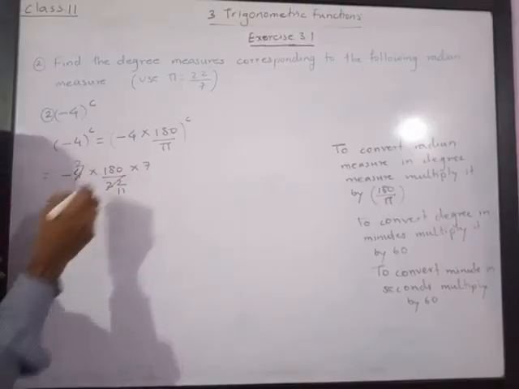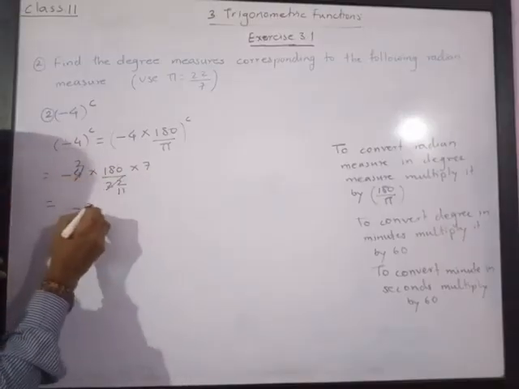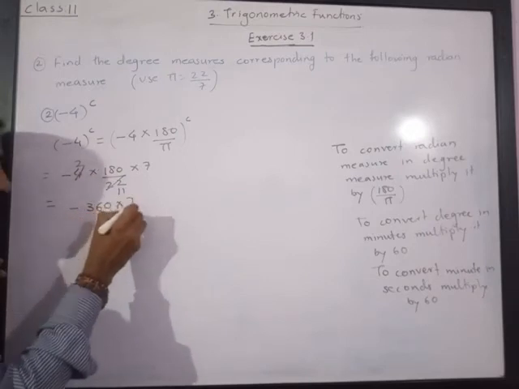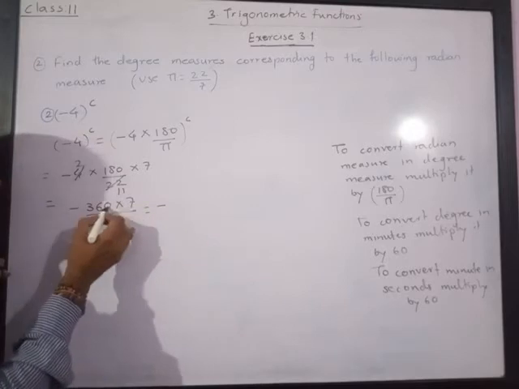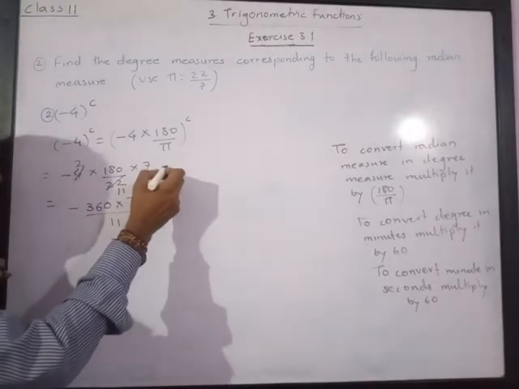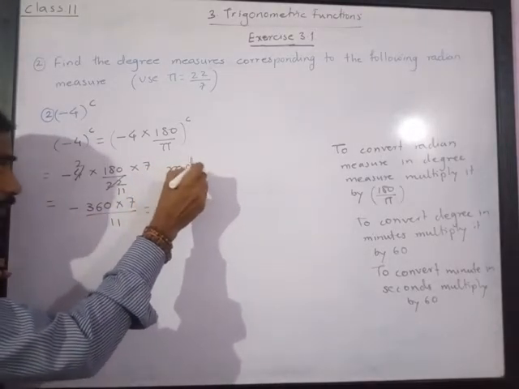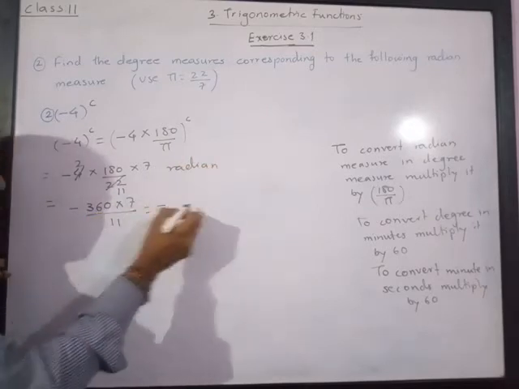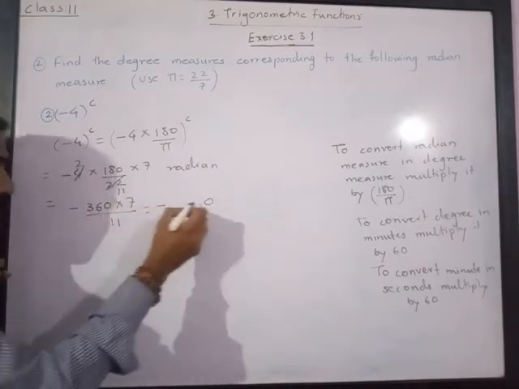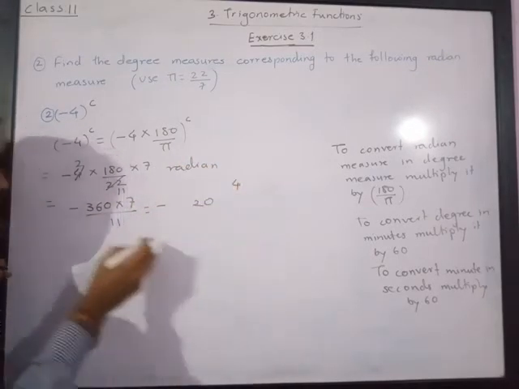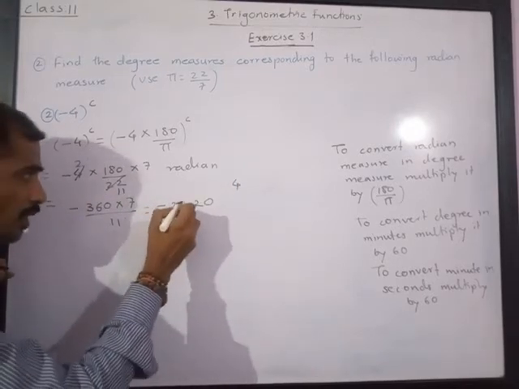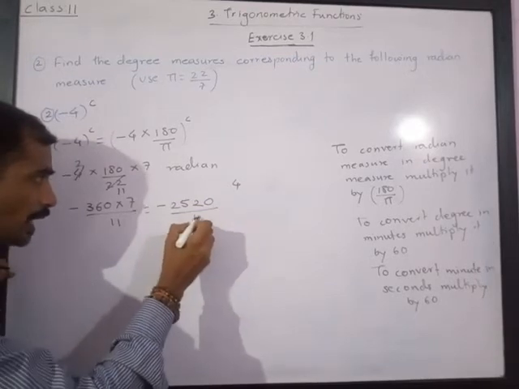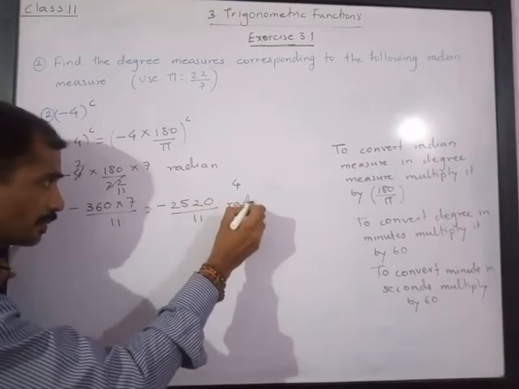So this is equal to -360 into 7 upon 11. So this is equal to minus: 7 zeros are 0, 7 sixes are 42, 4 carries, 7 threes are 21, 21 plus 4 is 25, so -2520 upon 11 degrees.